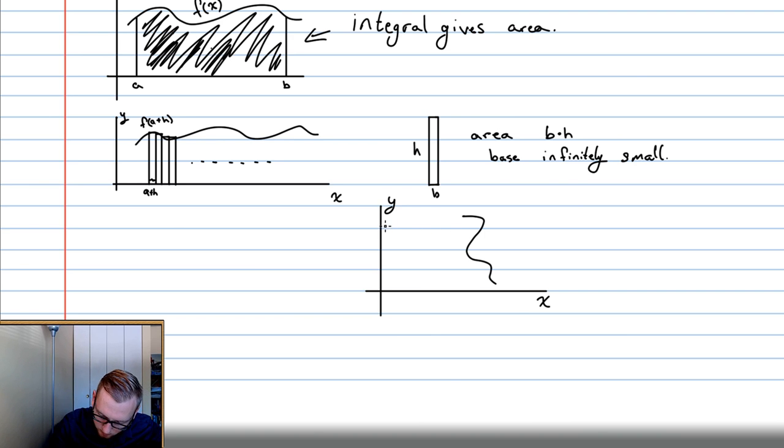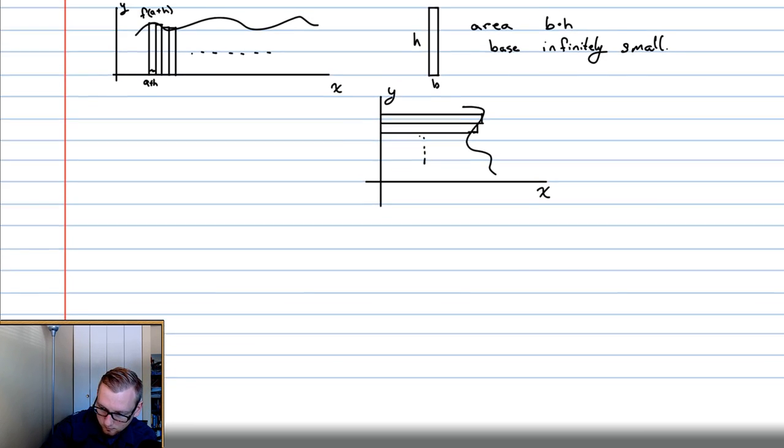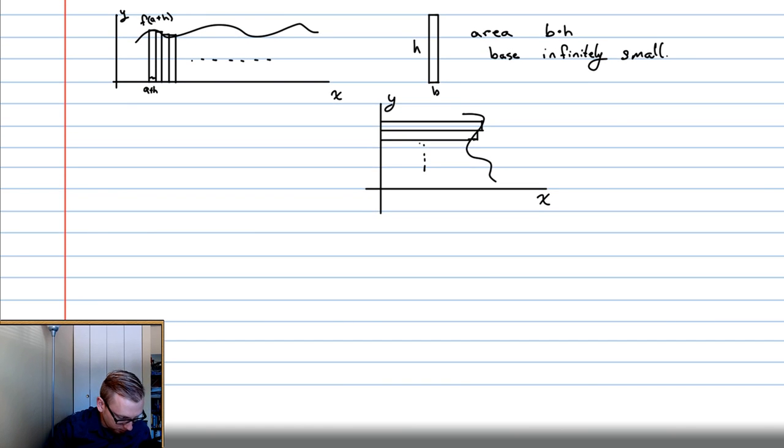So then we would say that it's these areas instead, and all the way down. So if we have an area between two y value functions, it would be the rightmost function minus the leftmost function.